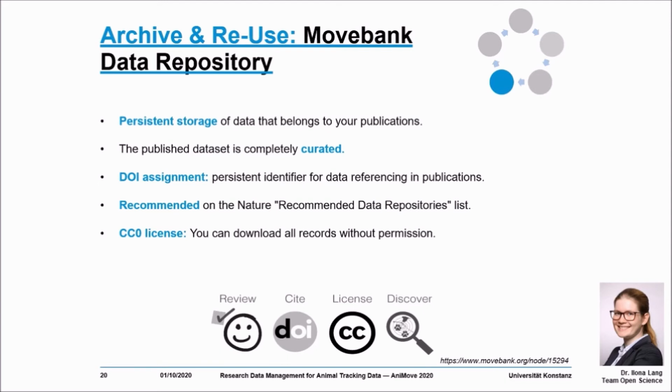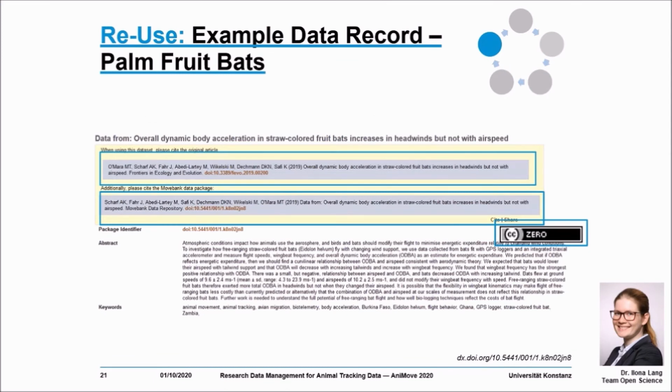What you see here is an example of a dataset in the Movebank data repository. On the top you can see its title, followed by recommendations on how to cite the data. This includes a citation for the paper that was based on the data as well as the data itself.